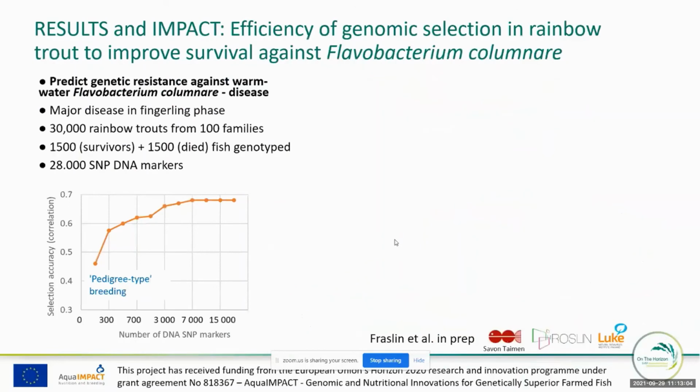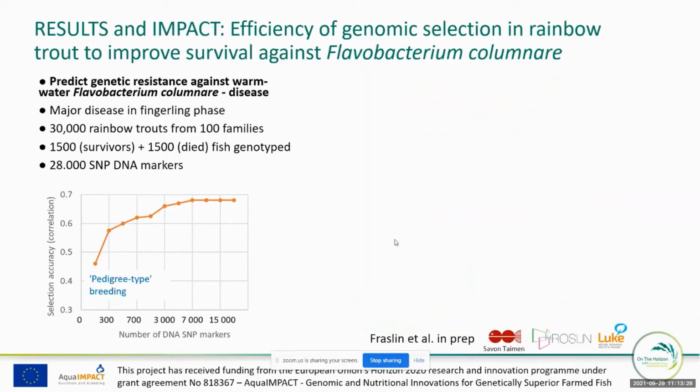This slide shows how much the selection accuracy will increase with this method. In this case, it's genomic selection in rainbow trout to improve survival against the Flavobacterium columnare disease. It's a major disease in the fingerling phase in rainbow trout, and actually other species too.